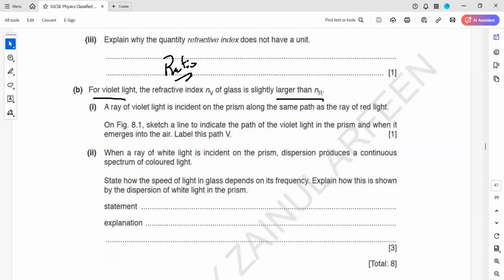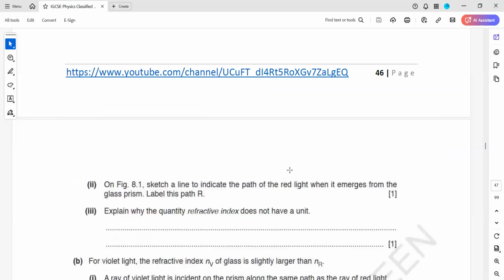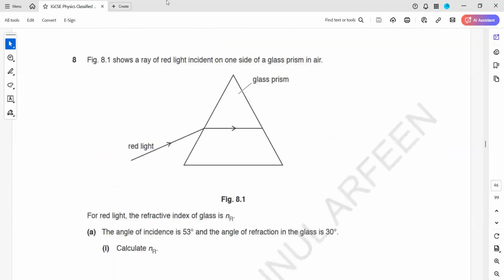For a ray of violet light incident on the figure, sketch a line to indicate the violet, and when it emerges, label that part as V. And when a ray of white light is incident, first we have to complete the path for the violet. This was red, R, in which we completed the path.